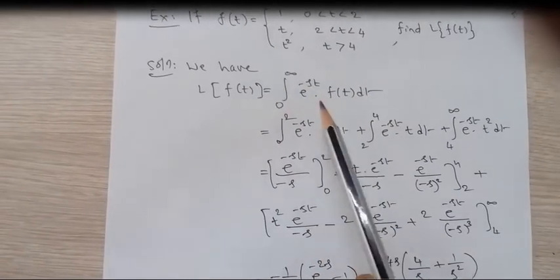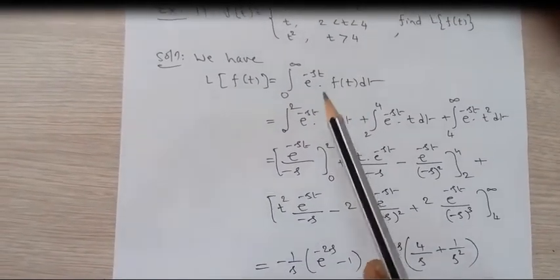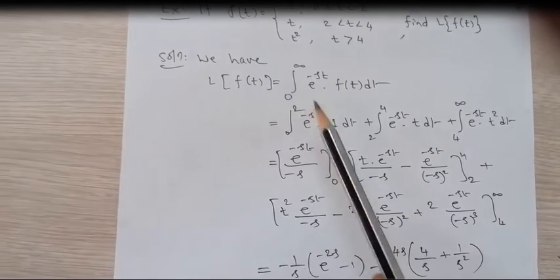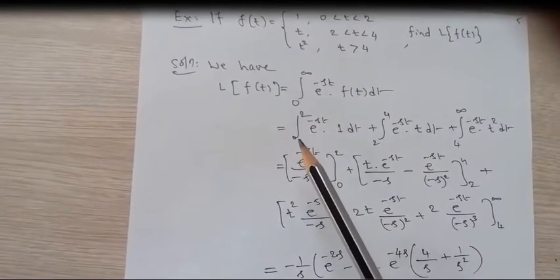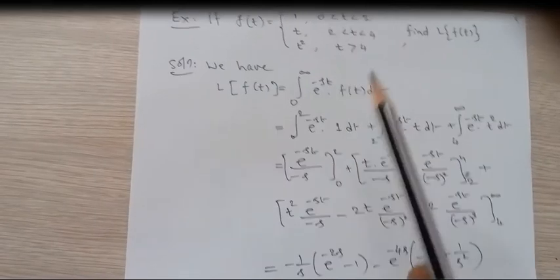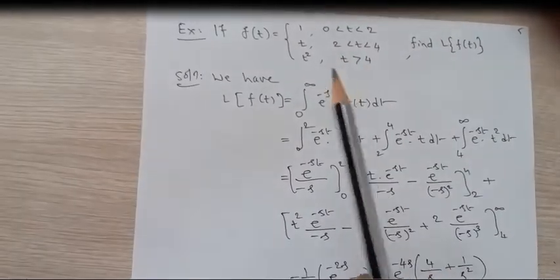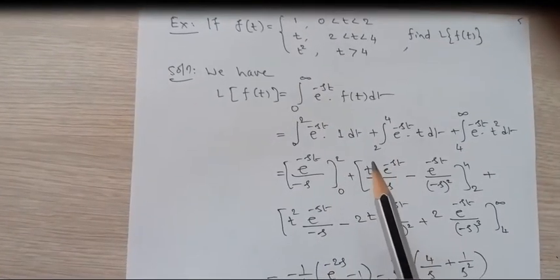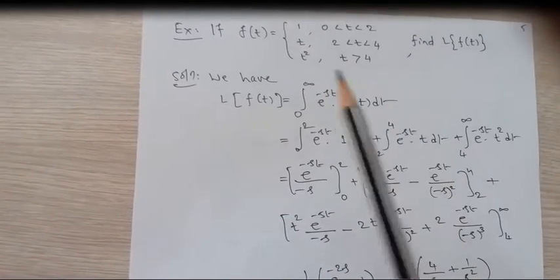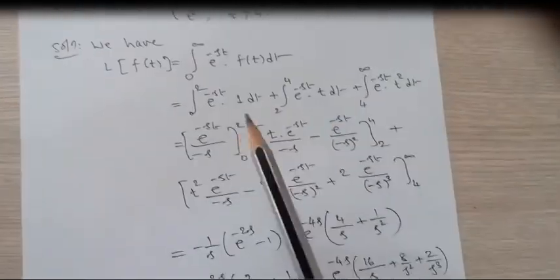This is the definition of Laplace transform, and the integral between 0 to infinity of e raised to minus st f of t dt, as we have a discontinuous function, splits into the integral from 0 to 2, then the integral between 2 to 4, then the integral between 4 to infinity.